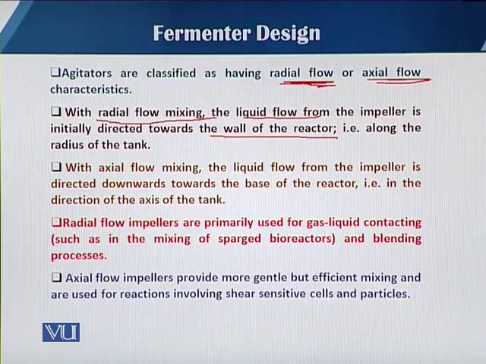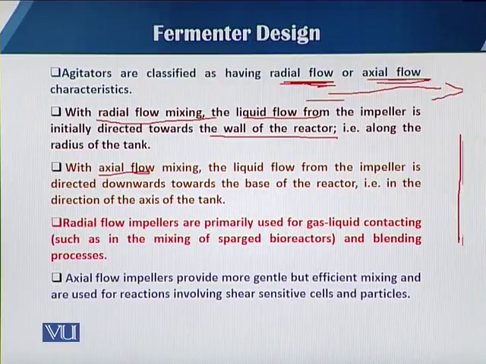But as far as axial flow is concerned, the impeller pushes the medium toward the bottom, parallel to the axis. That is axial, meaning along the main axis, whereas in the radial case the flow is of the other kind.